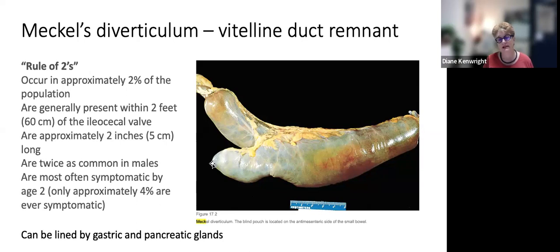They can be lined by small intestinal mucosa, in which case they often just sit there, or by gastric and pancreatic glands. These are the ones that cause trouble because they release hormones, etc., and can ulcerate, giving rise to perforation or just inflammation.